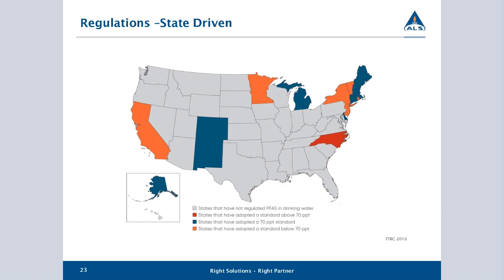States that are red are typically above the 70 parts per trillion, and all the gray states have not regulated any PFAS compounds in drinking water. So as you can see, there's not many states out there that have a regulation that you have to be aware of. But each one of those states, those regulations are different from state to state. So you need to be aware of that as well.